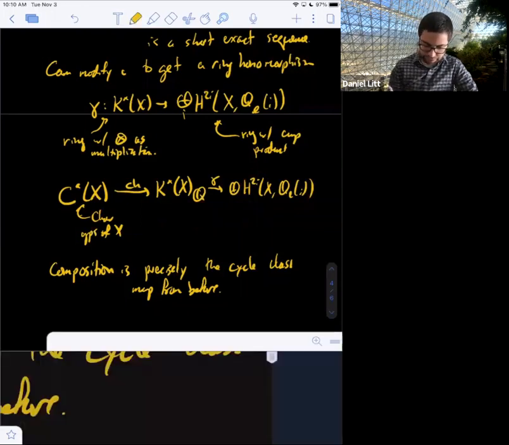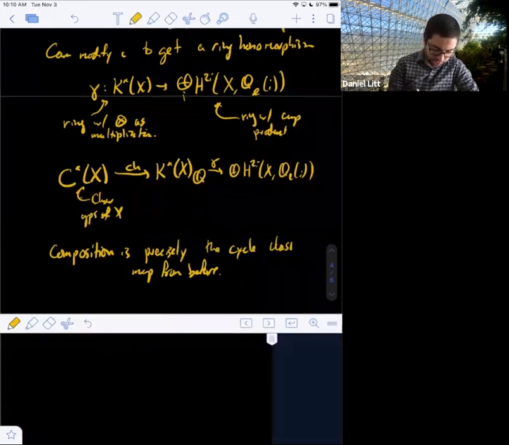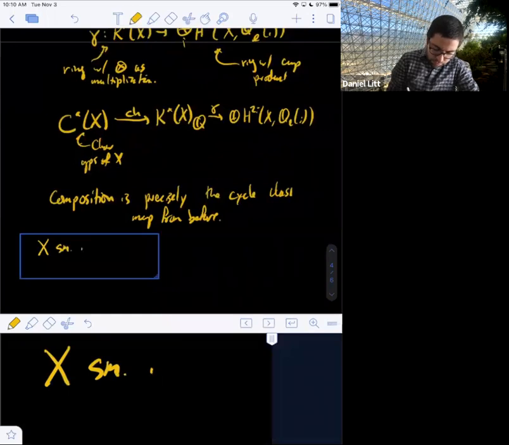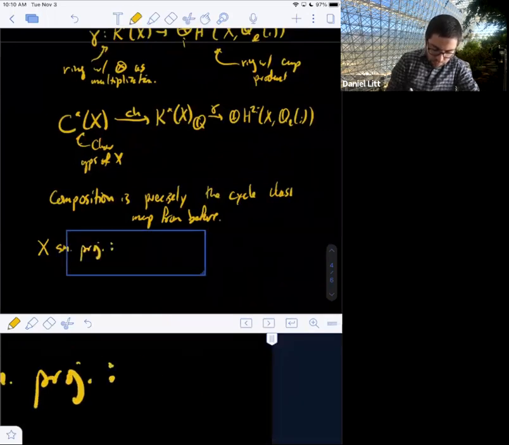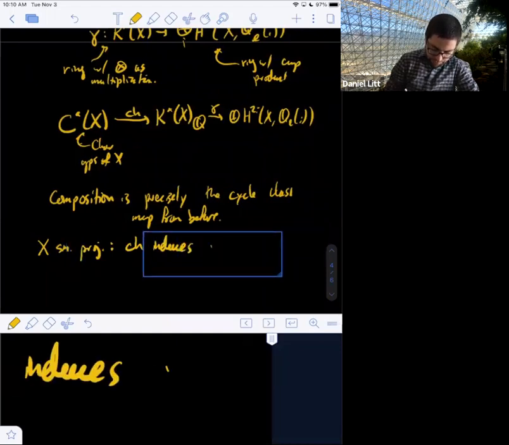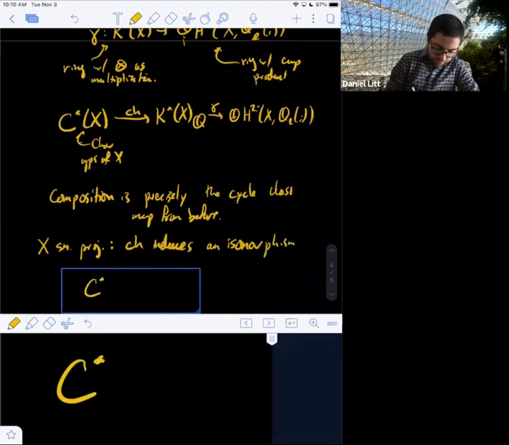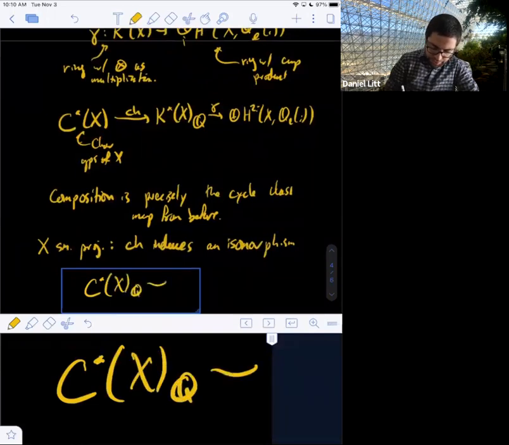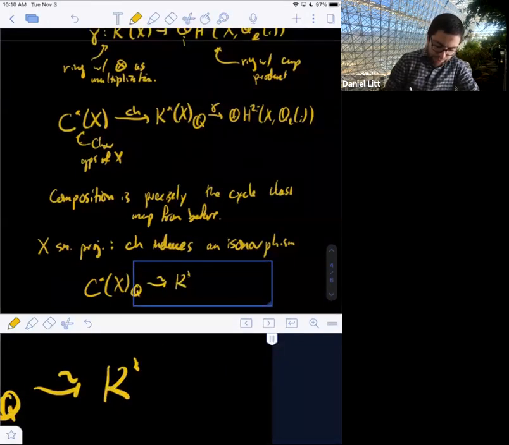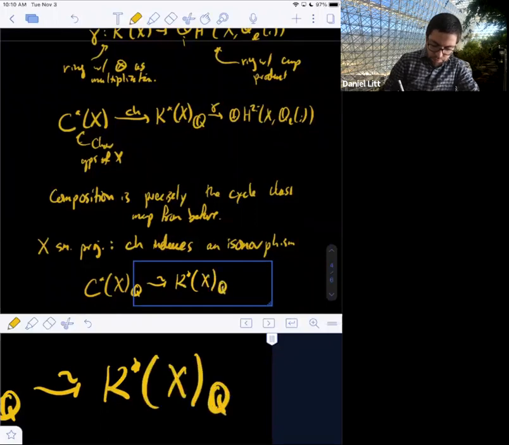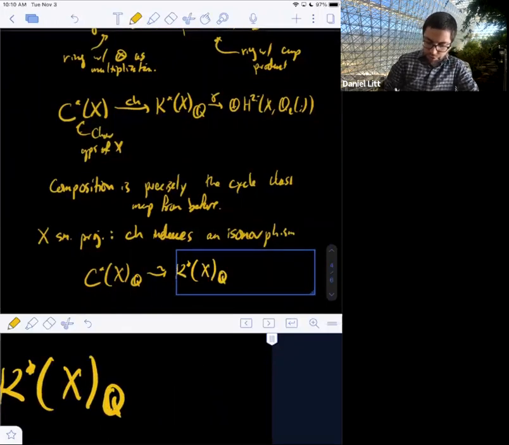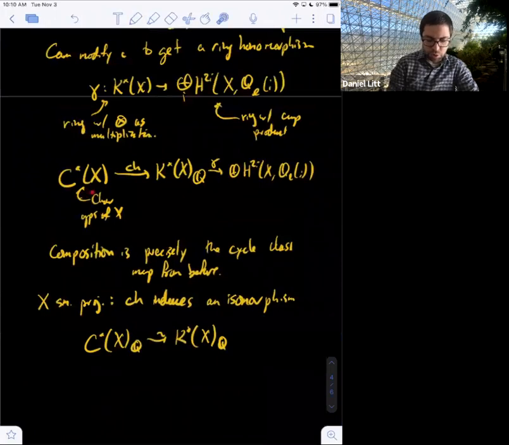And then the really amazing thing is that in fact, for X smooth and projective, ch induces an isomorphism between the rational Chow groups of X and the K theory of X. So from the point of view of cycle theory, you can more or less forget about this group as long as you're willing to work rationally.